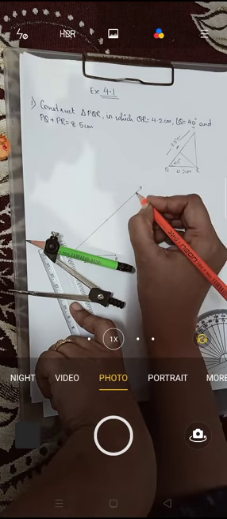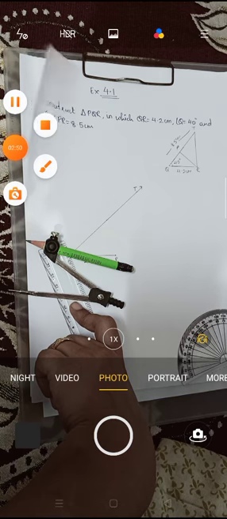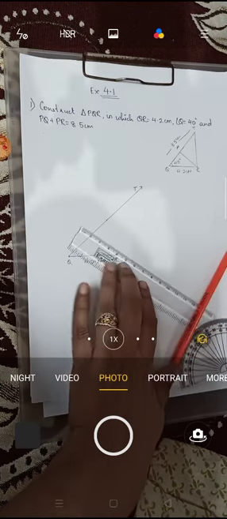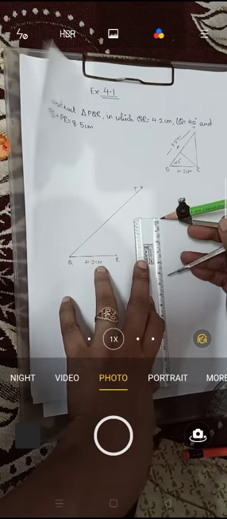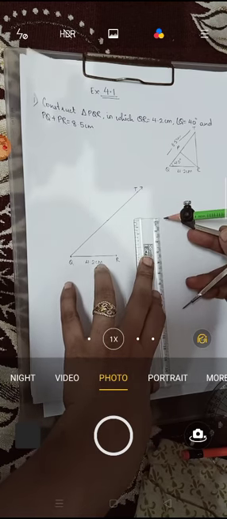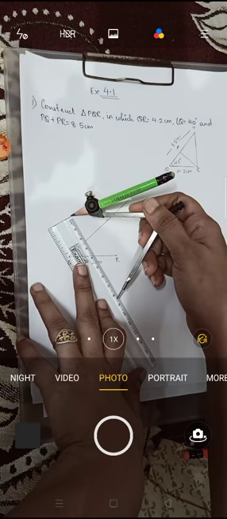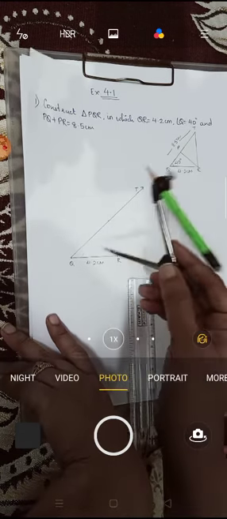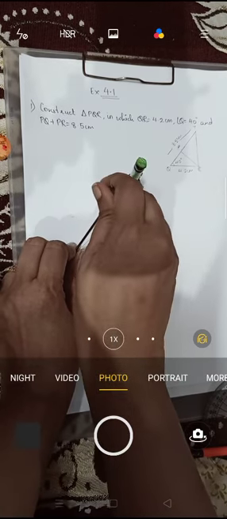Here I have written T. You can write over here T. So 8.5 centimeter, keep it on point Q and draw an arc.